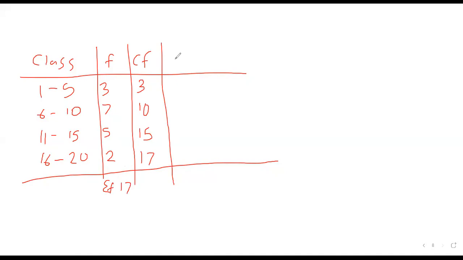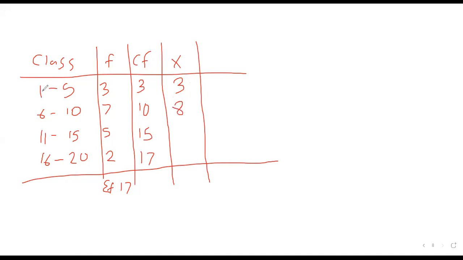And we have what is called the midpoint. So 1 plus 5 is 6, divided by 2 is 3. We add the lower bound and the upper bound, divided by 2. So 6 plus 10 is 16, divided by 2 is 8.